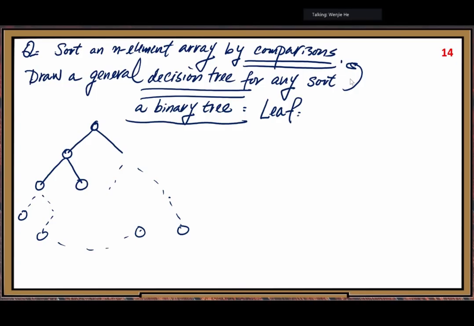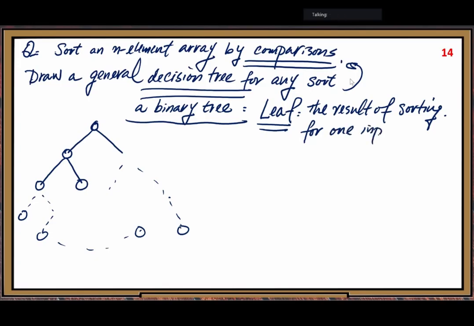Each leaf corresponds to the result of sorting for one input array.